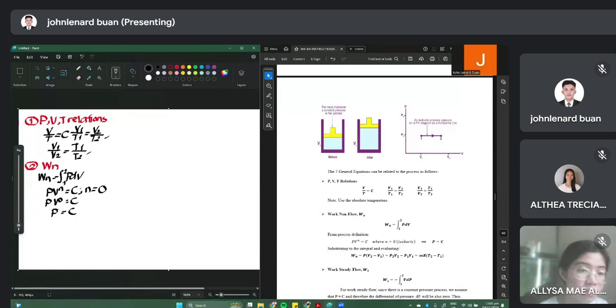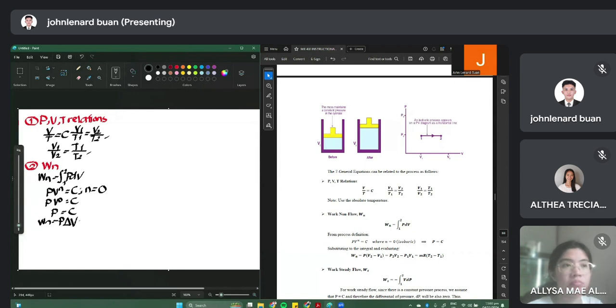Okay? Yan. From there, substituting the value of P from the integral equation, we have here Wn is equal to P delta V. Okay?